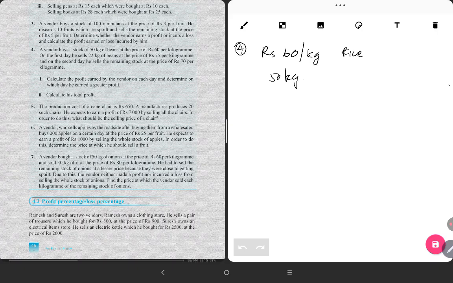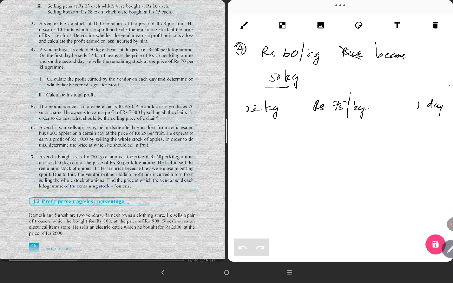And on the first day he sells 22 kilograms of beans. Actually not rice, it's beans. It doesn't matter whether it is beans or rice, the calculation remains the same. On the very first day he sells 22 kilograms out of this 50, at 75 per kilogram, which is good, right?